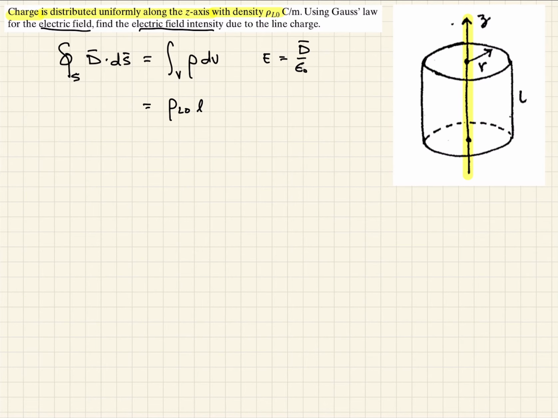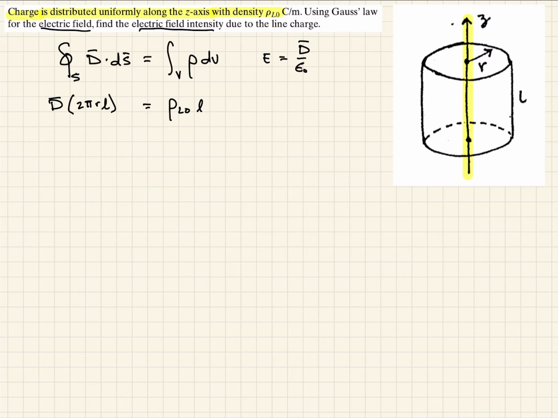On the left side of the equation, again, we'll have D, and then this will be times just the surface area of a cylinder. So we're defining a cylinder around this wire. And the surface area for a cylinder, we recall, is just 2 pi RL.